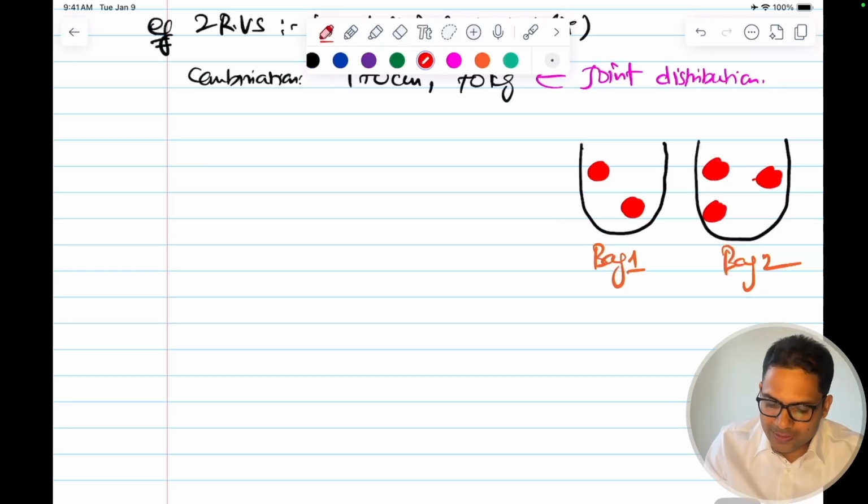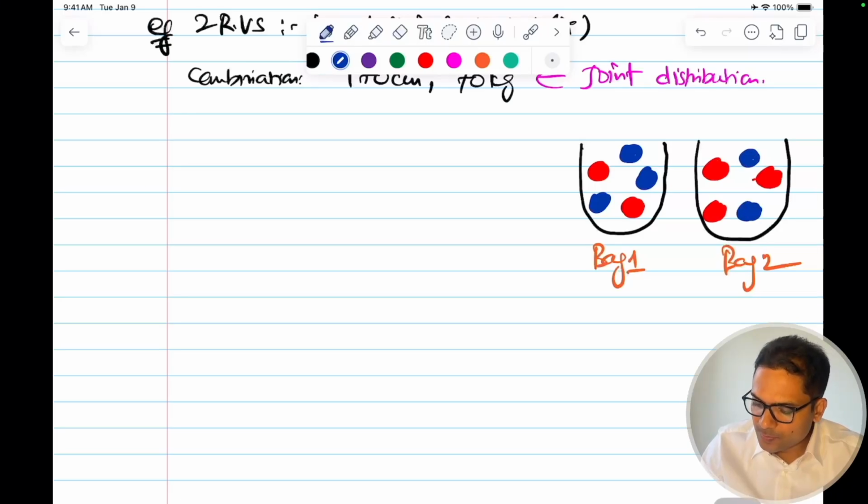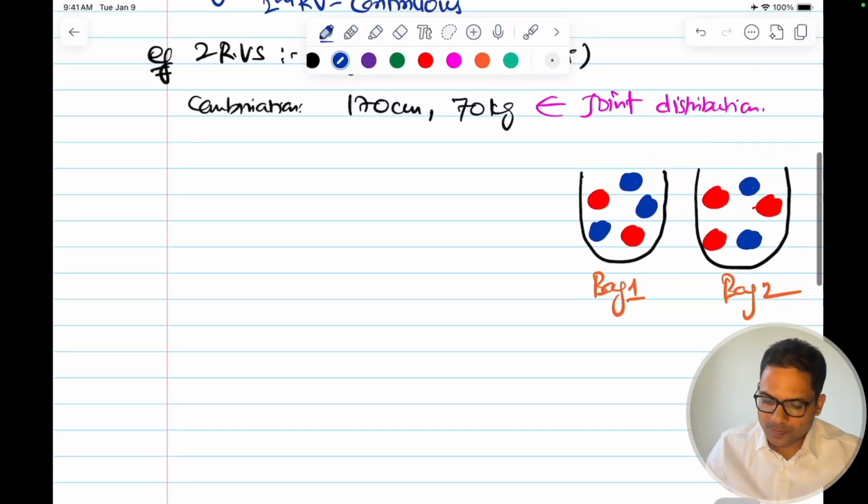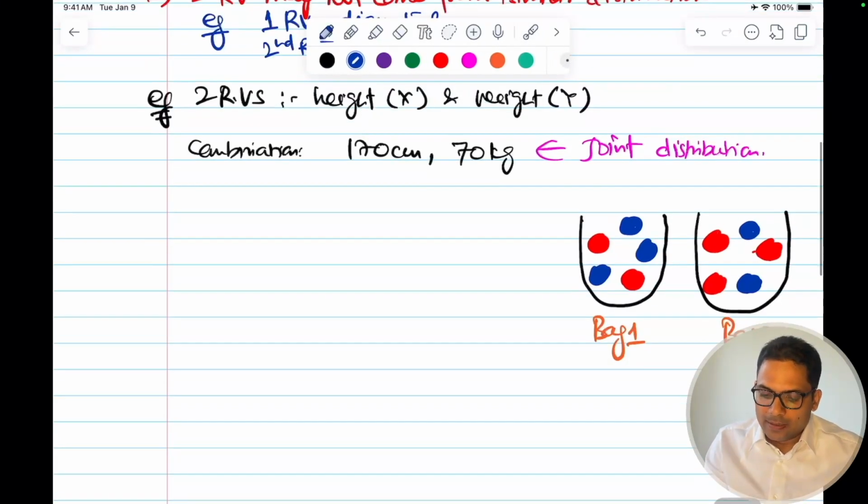And the first one has 3 blue balls, and this has only 2 blue balls. Okay, this is my setup. And so we will model the random variables as, if I choose, let me make it thinner.